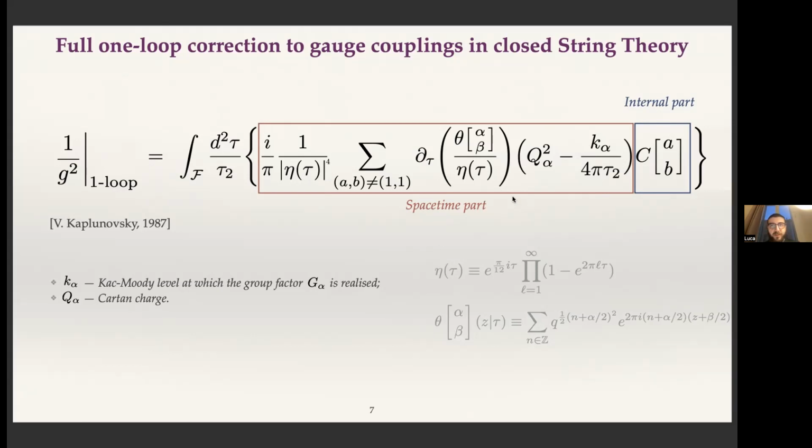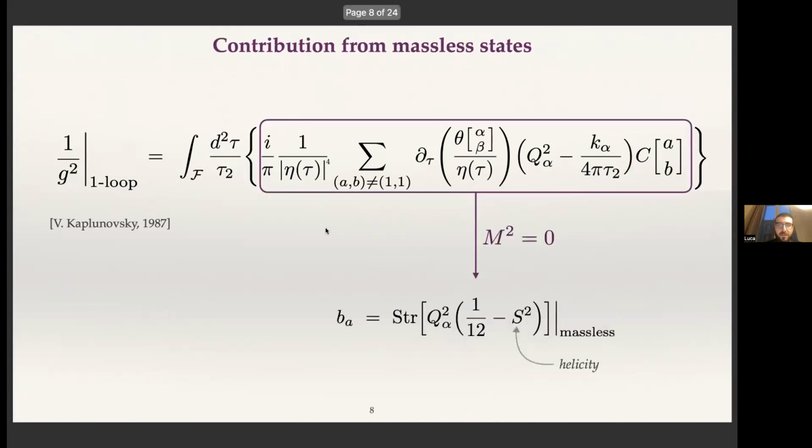We see also a bunch of insertions which will weight the states. For example, we have a Cartan charge and the Kac-Moody level at which the group factor is realized, and this is with k alpha. So the important thing, though, is the following.